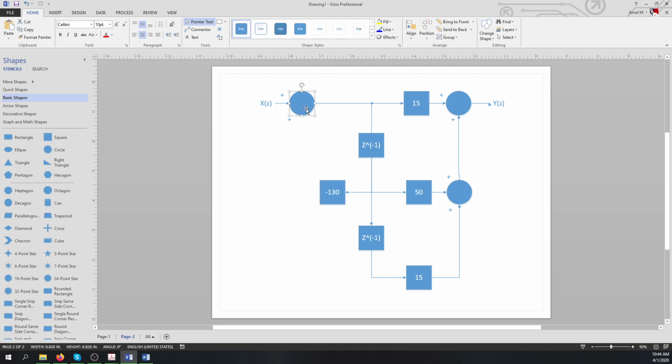And similarly, because I need to drop in another summation point here, alright, so we connect that here, connect that going up here. Move that there. Okay, I have my plus sign. Copy you.